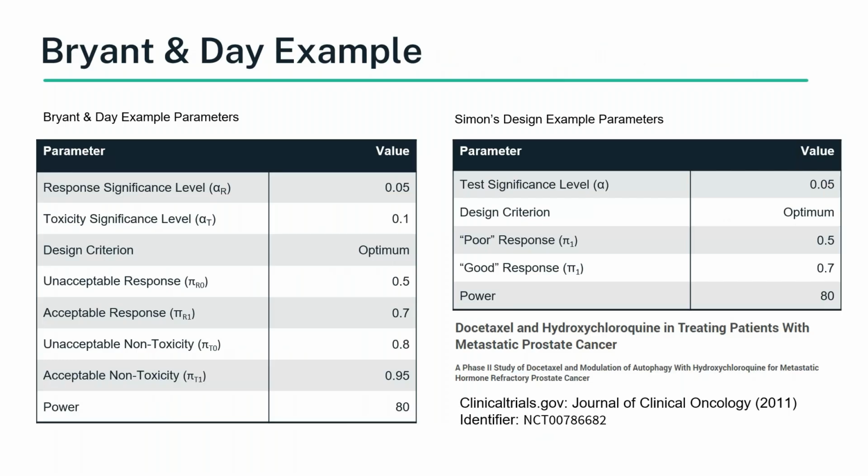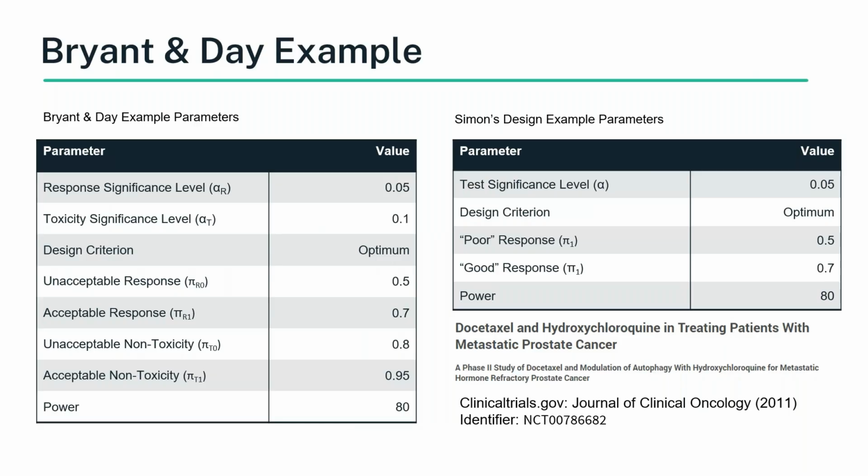So as mentioned, we'll just be expanding upon our previous Simon's design example to hypothetically see what the researchers might have done should they have chosen to use a Bryant and Day design for their trial. So on the left here, we see a summary of the parameters required for the Bryant and Day design itself. And many of these are just taken from the original example, like the acceptable and unacceptable response rates and the power.